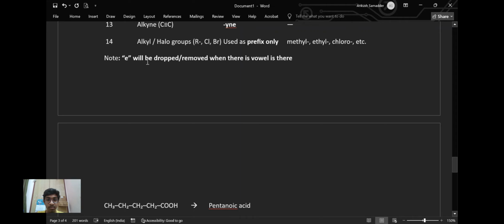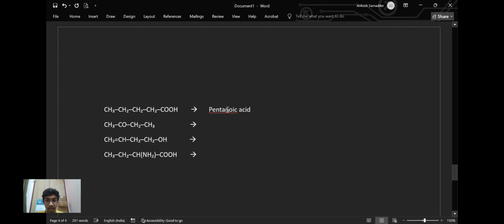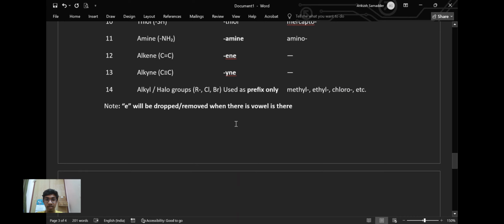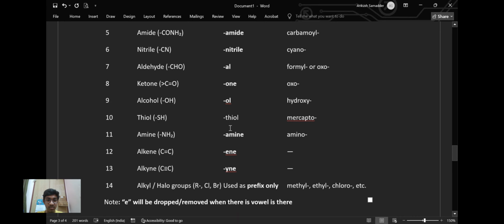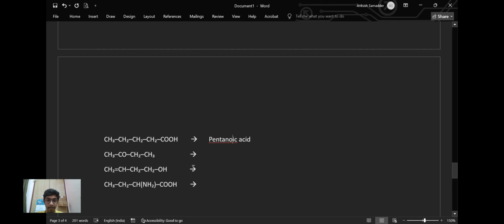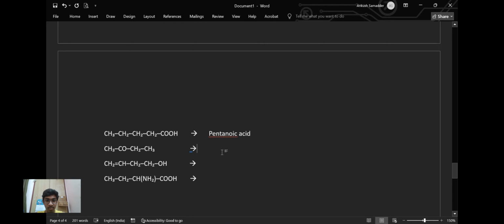So here, alkane A and E will not be here because this suffix, oic acid, has a vowel, O is a vowel, right? So that's why E will be dropped. For this example as well, this rule will be applied.